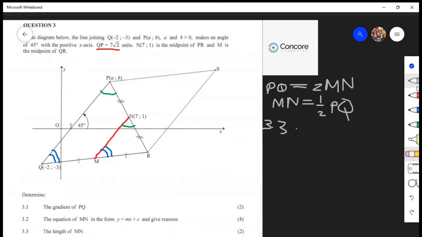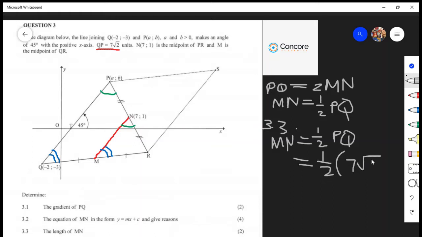So we have MN is equal to half PQ, which is therefore equal to half of 7 root 2. And when you put this on a calculator, you've got MN is therefore equal to 4.95 units.